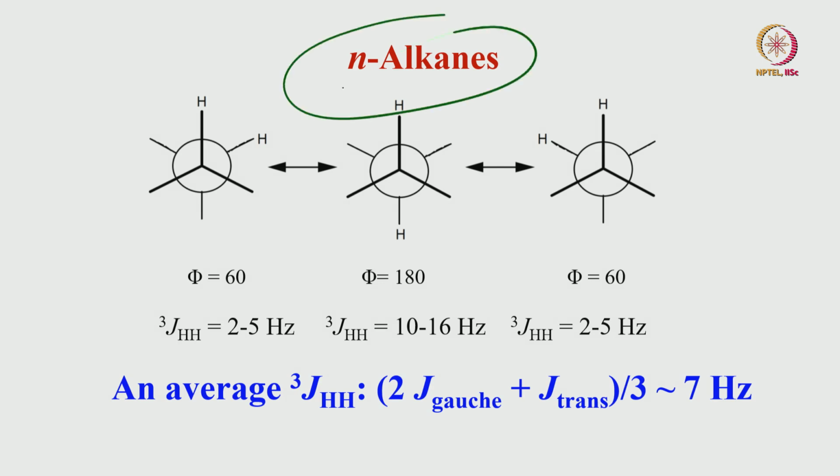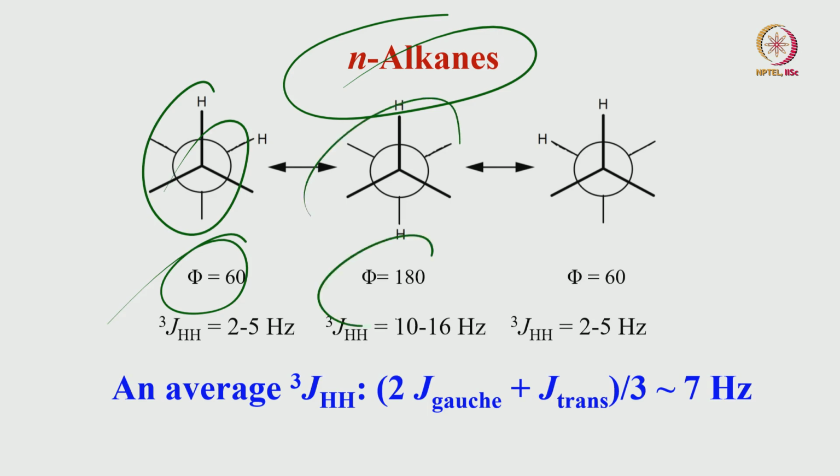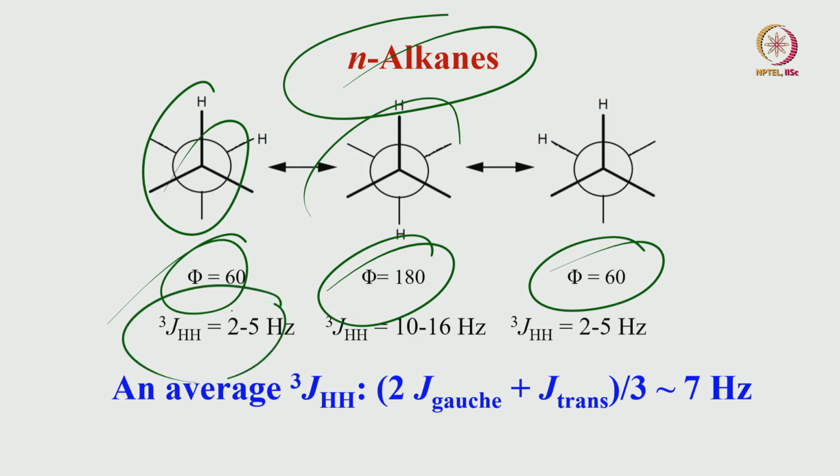If you go to alkanes like this, it depends upon what is the bond angle, what is the dihedral angle. See, for example, in this case you are going to get phi equal to 60, in this case phi is equal to 180, in this case dihedral angle is 60. And in such a situation, here 3 bond coupling is 2 hertz, here 3 bond coupling is 10 to 16 hertz.